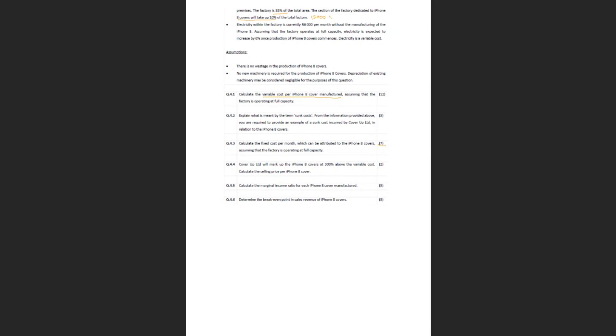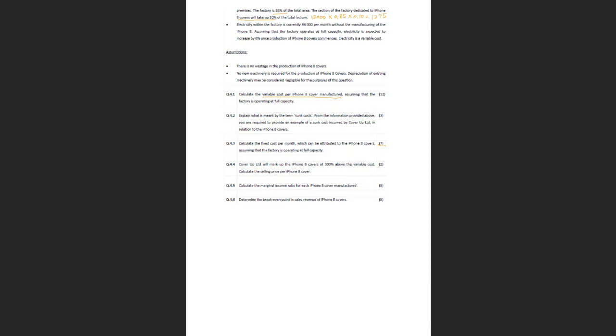We first need to work out the space that the factory takes up and what the relevant rent will be. And then in the factory, only 10% of the space is used for the iPhone 8 covers. So this again would need to be only specific to the job at hand, and that is 1,275.